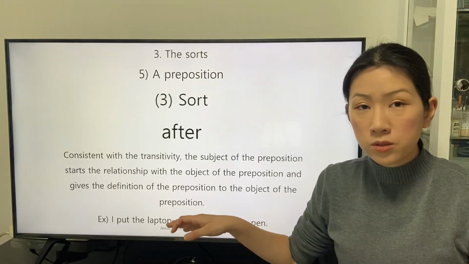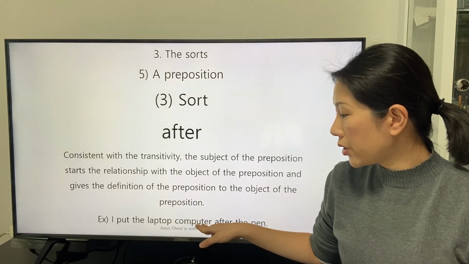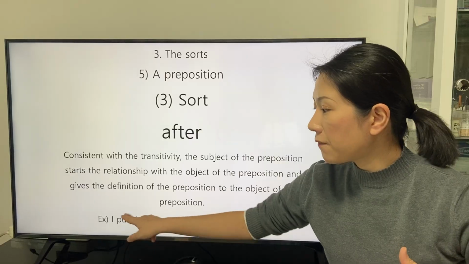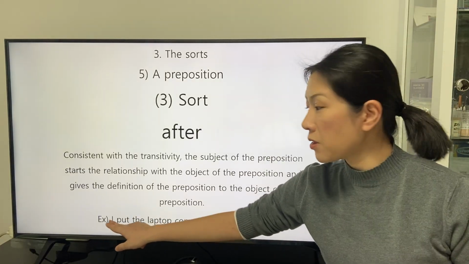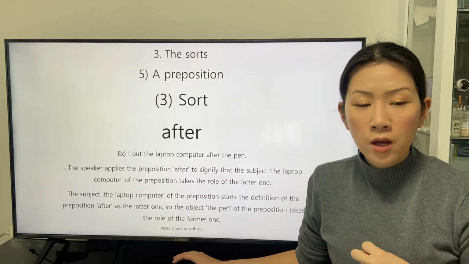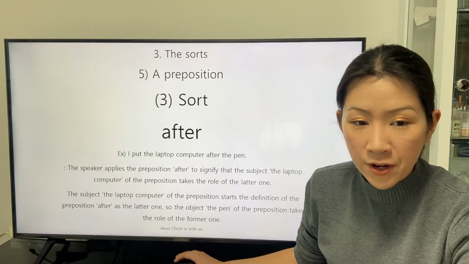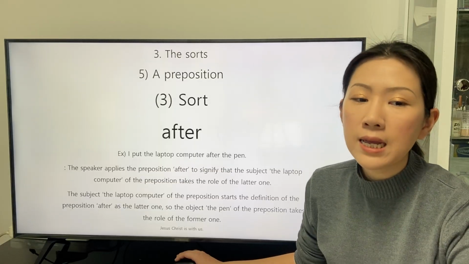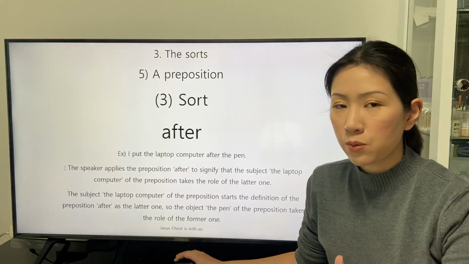Plus, we can also understand that the laptop computer, the subject of the preposition, receives the definition of the transitive verb put from the speaker. Secondly, the speaker applies the preposition after to signify that the subject, the laptop computer of the preposition, takes the role of the latter one.